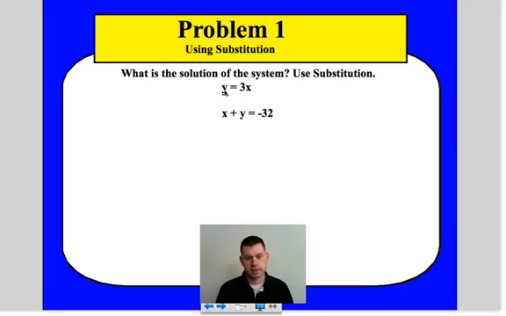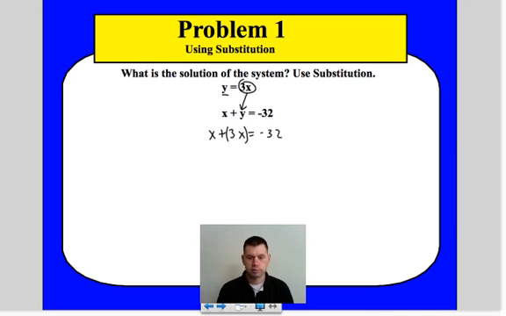It says it right here. Since that's what y equals, we can substitute it into the second equation. We make the second one x plus 3x, equal to negative 32.